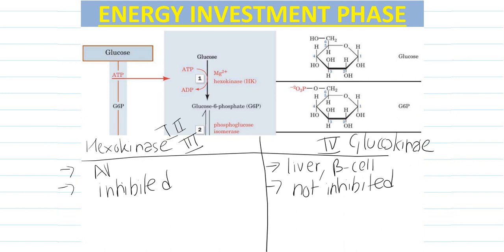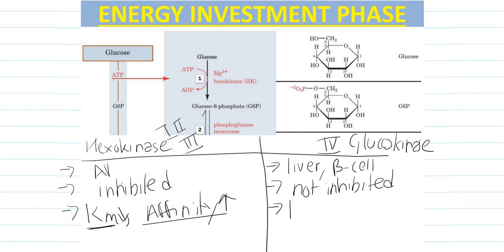Next, hexokinase has a low Km value and high affinity, meaning even at a lower concentration of glucose, this hexokinase enzyme will act on the glucose. Hexokinase has a very high tendency to attach to glucose, whereas glucokinase has a very high Km and a very low affinity.